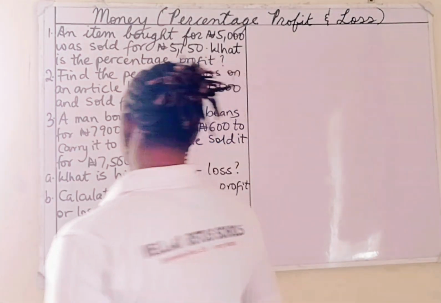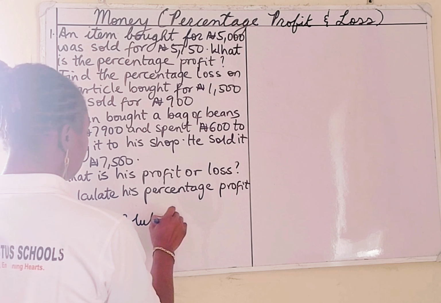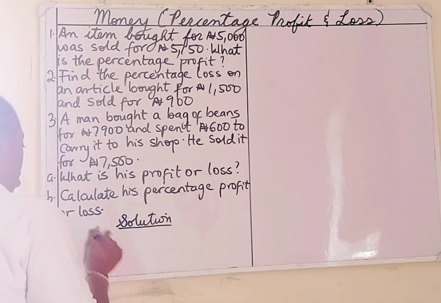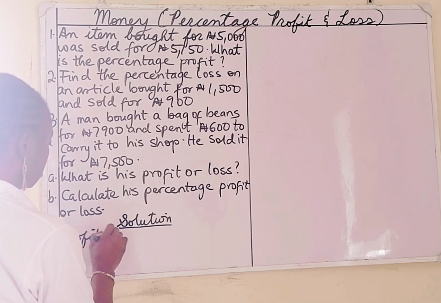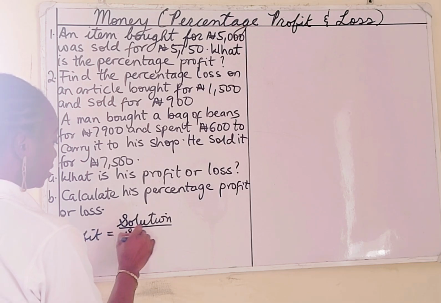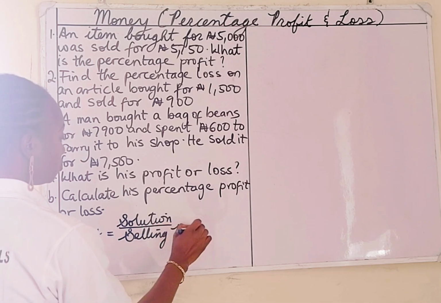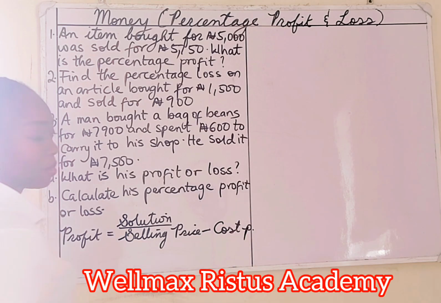Alright, solution. Now to get our profit equals what? Selling price minus cost price, right? While loss equals what?